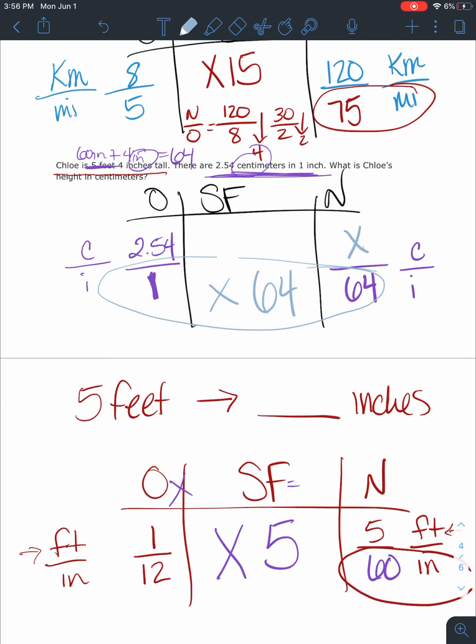So now I can say 2.54 times 64 is 162.56 centimeters. Okay, and there's our answer on that one.